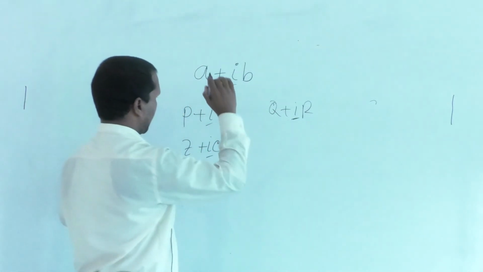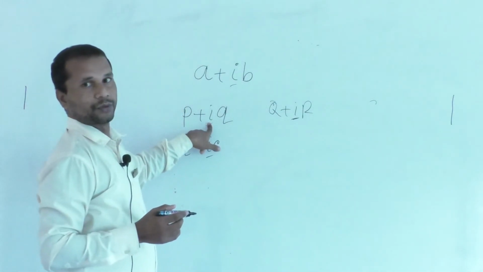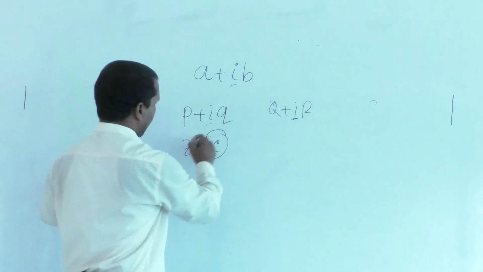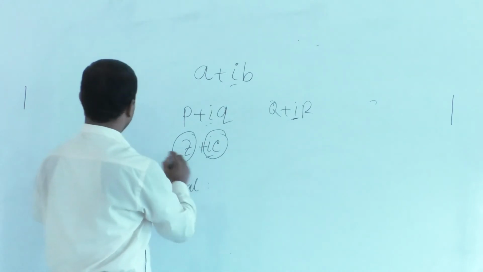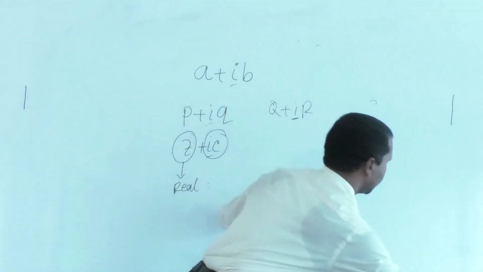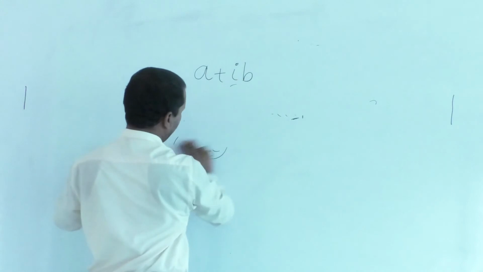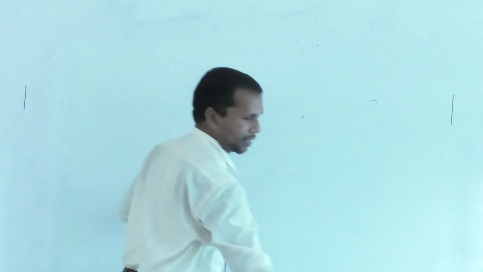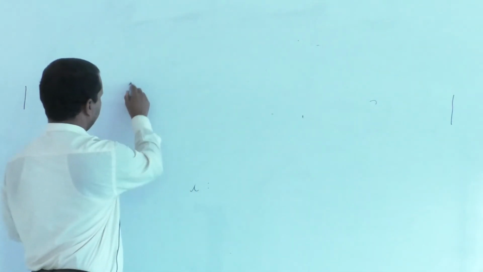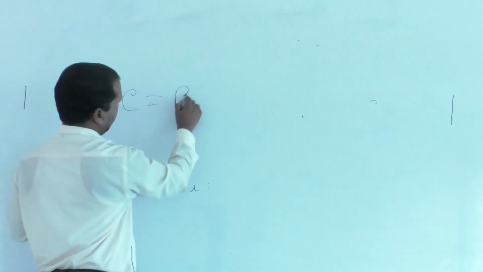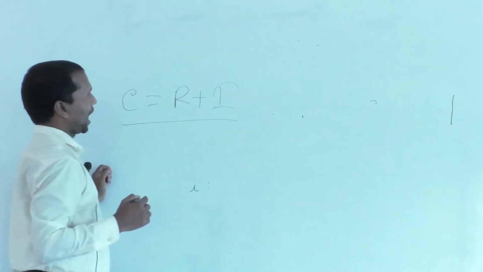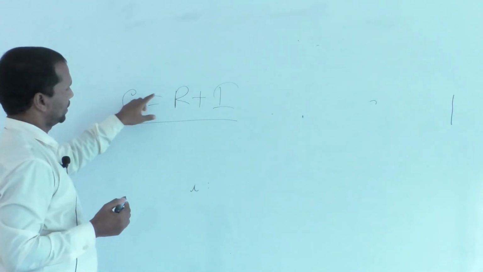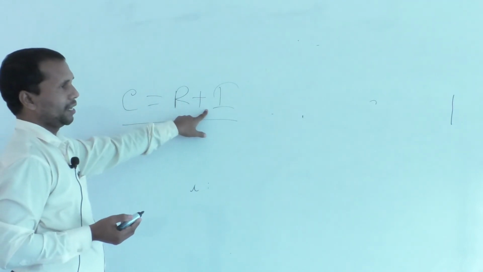Where there is an I term, this is known as the imaginary part, and the I-free term is known as the real part. So a complex number is divided into two parts. It is the sum of two numbers, one a real number, another an imaginary number. So you can write complex number C equals real number plus imaginary number. Complex number is the sum of a real number and an imaginary number.